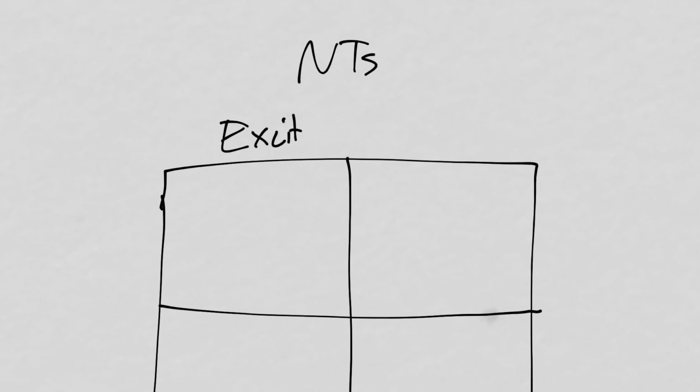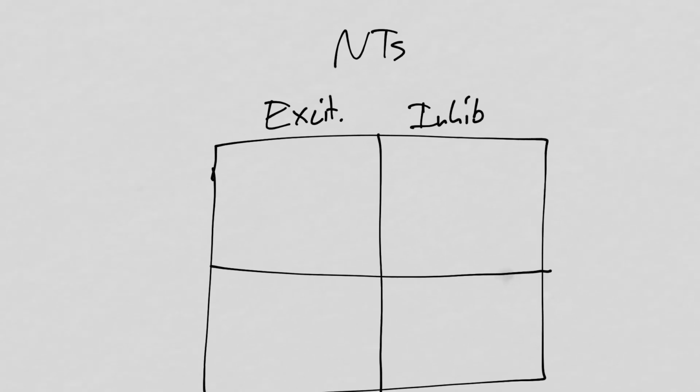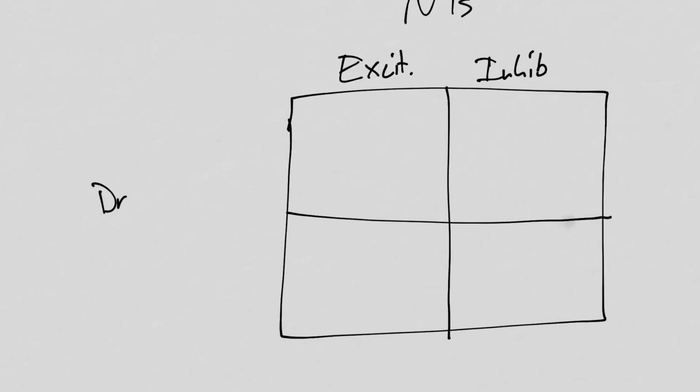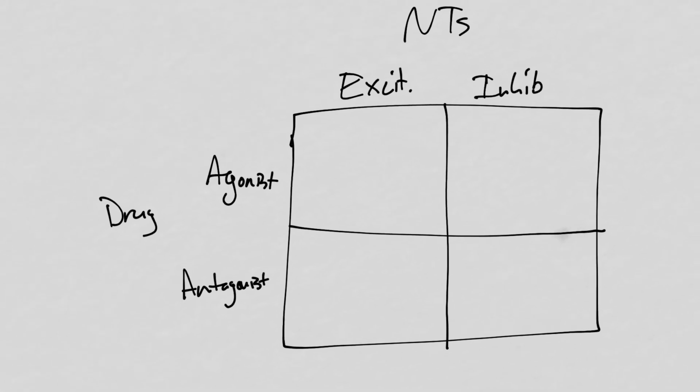On the drug side of things, and it doesn't really matter whether they're illegal drugs or pharmaceutical drugs, it's the same principle, they can either be agonists or antagonists. And that gives us four possibilities. A drug that is an antagonist or an agonist to an excitatory or an inhibitory neurotransmitter is going to produce very different results.